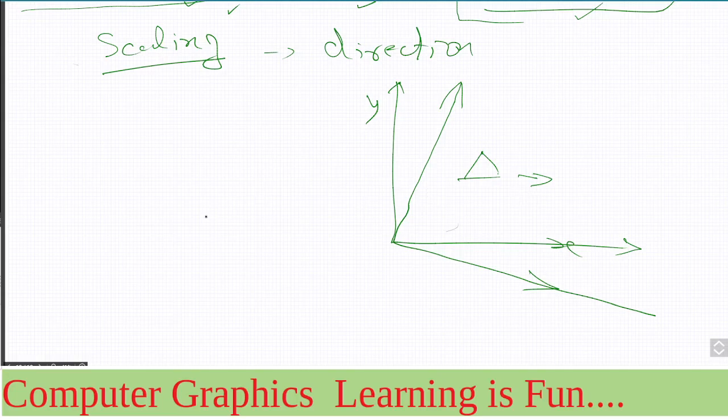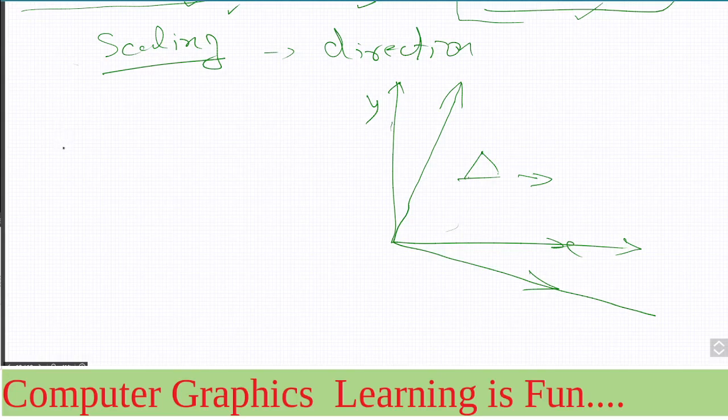Let me try to make it easy for understanding. Whatever it is in the original plane, if we rotate it a little and then increase the size and then rotate it back, our job is done, right?